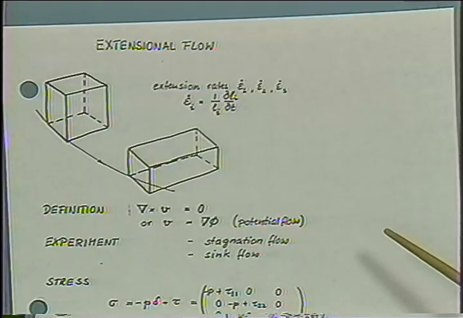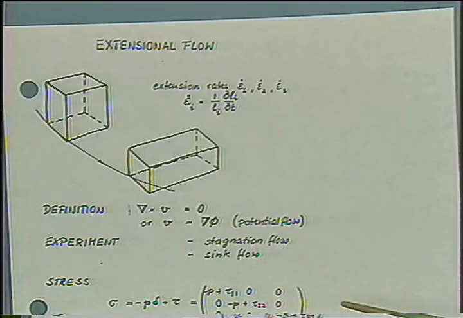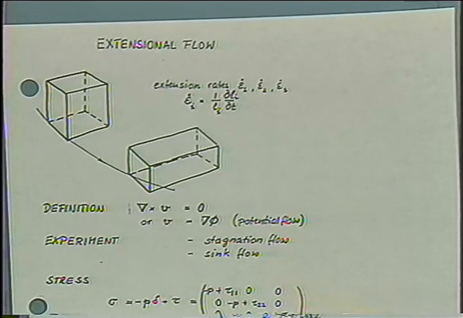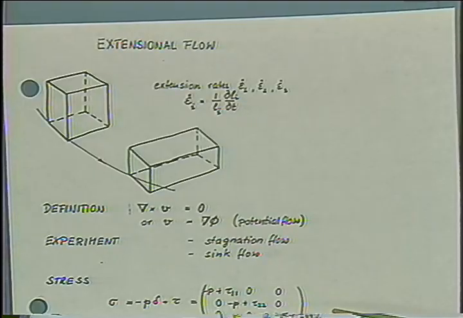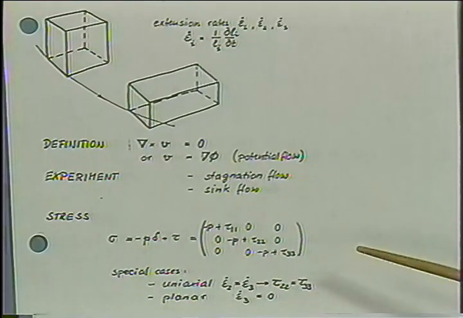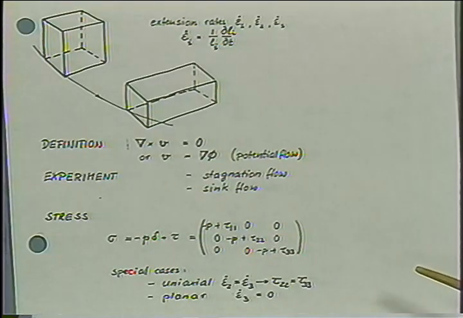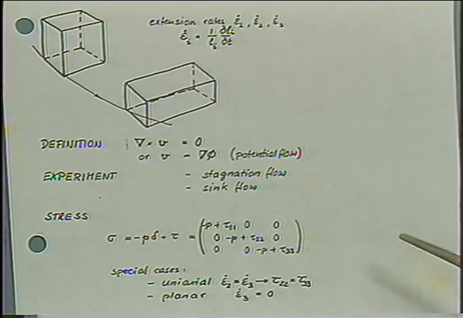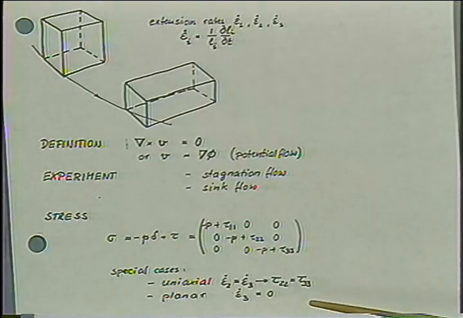Experiments to look at this behavior would be stagnation flow or sink flow, or just stretching of a rod. If you have a material which is viscous enough so that you can grab it and stretch it, that would be the way to generate the extensional flow.